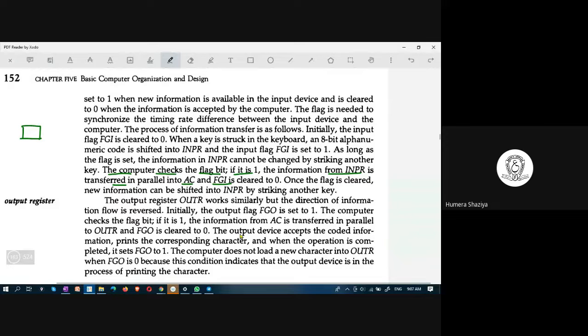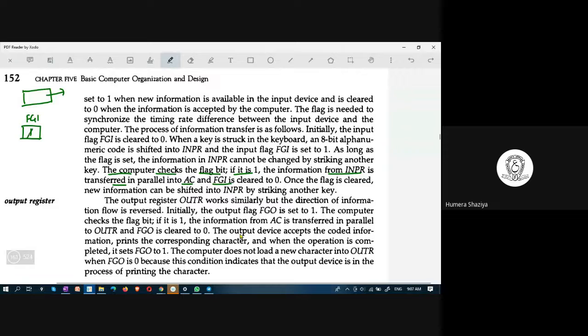When FGI is 1, what does it denote? It denotes that there is some value available in the input register, INPR. The processor checks this flag to know whether there is any value. If there is any value, it accepts the value from the INPR register.